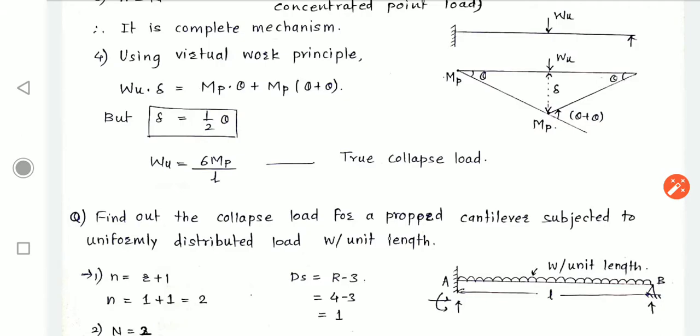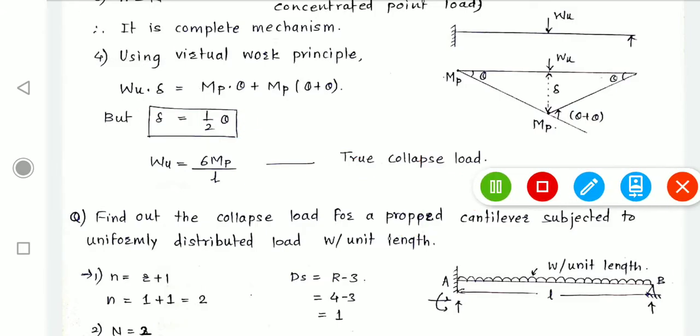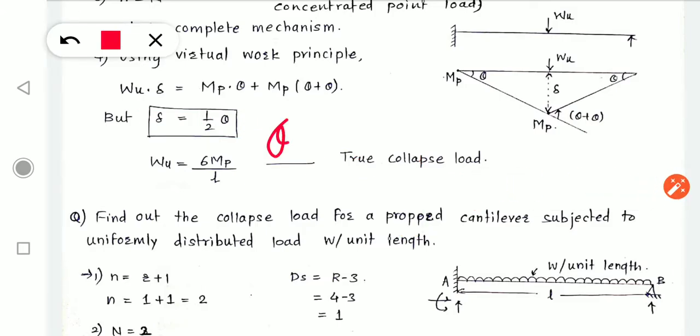From here we can write deflection is L by 2 times theta. You have to make a correction over here, because what we did is theta is equal to deflection divided by L by 2.